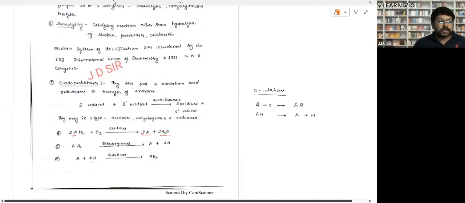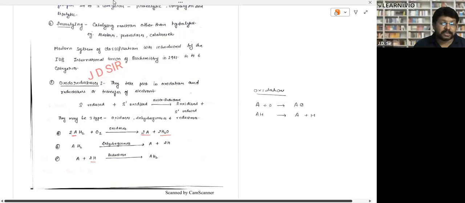Here 2AH2, A has hydrogen, and oxygen is there. Oxidases have removed hydrogen from A, so oxidation of the substrate has taken place. And this hydrogen will meet with this O2 and make 2H2O, a water molecule. A got oxidized, right? So that is the function of oxidases.